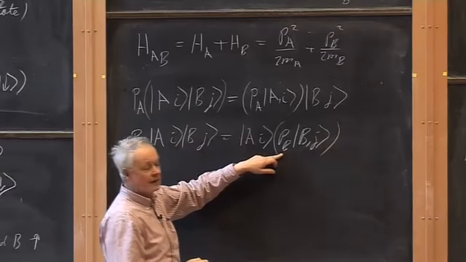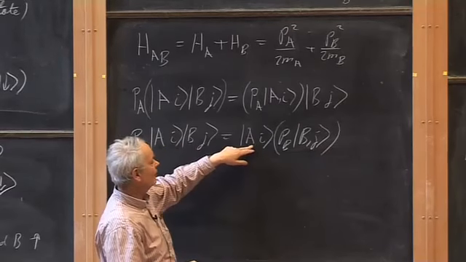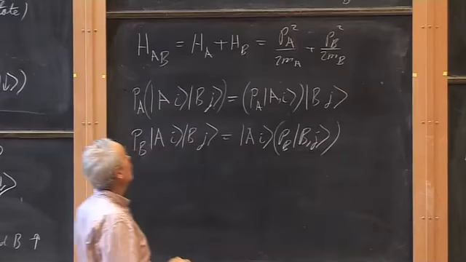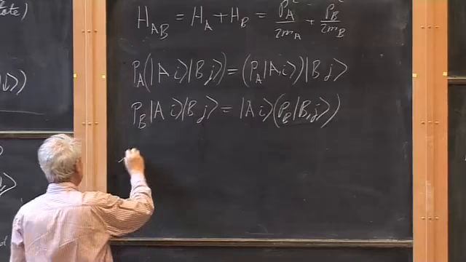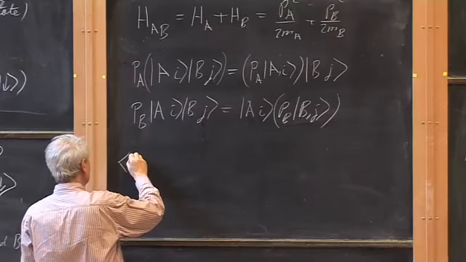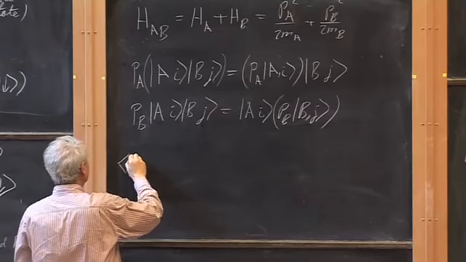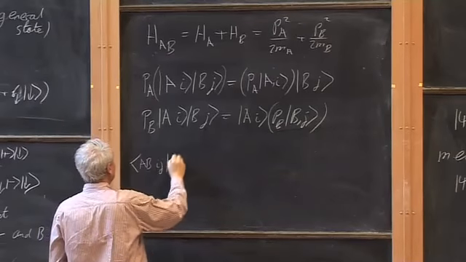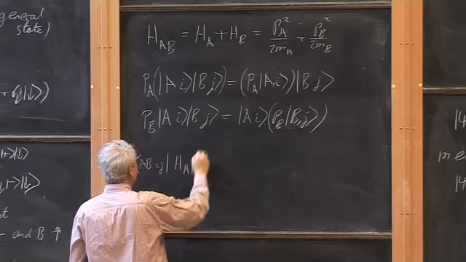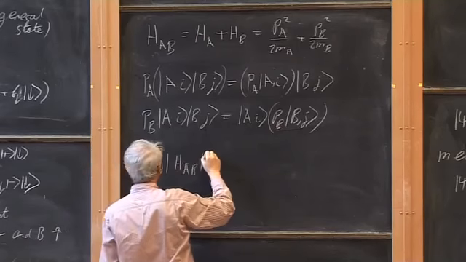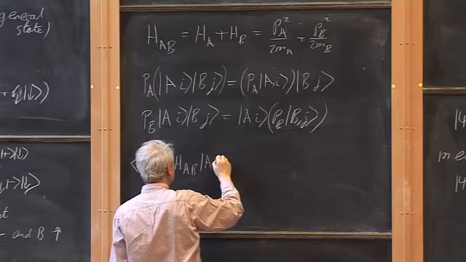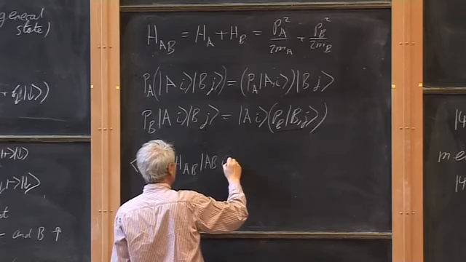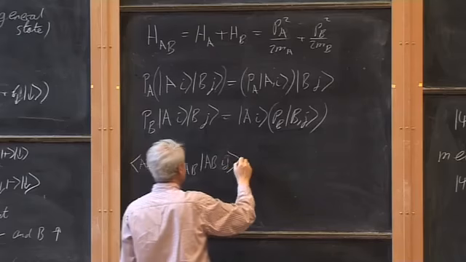This is a well-defined state of B, symbolically multiplied by this well-defined state of A, and there you are. So, for example, what would the expectation value AB ij of HAB be in this case? Let's just make sure that we get some sense out of this.